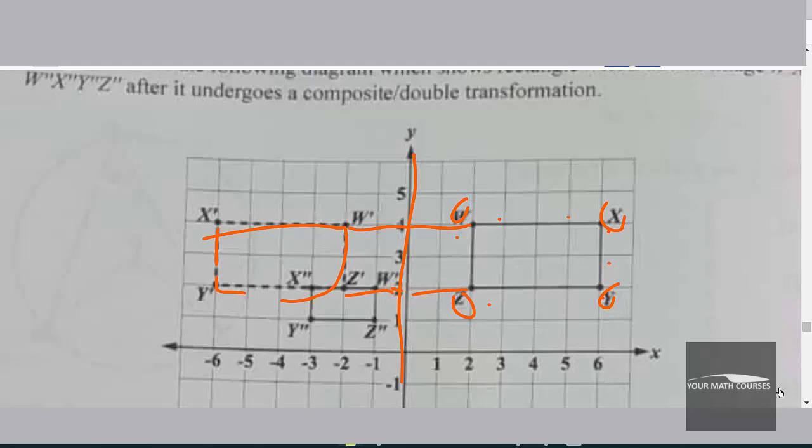Now if we enlarge this by a scale factor of half about the origin, then this should give us this. You can see X will map onto X'', Y onto Y'', W onto W'', Z onto Z''. So half of this unit here, 1, 2, 3, 4, will give us 1, 2.